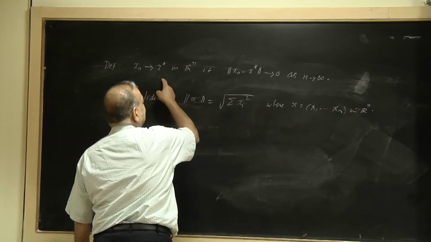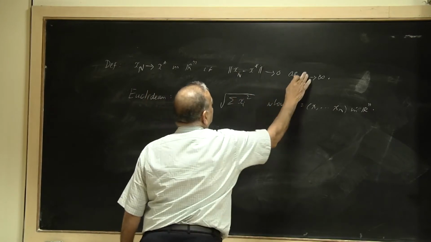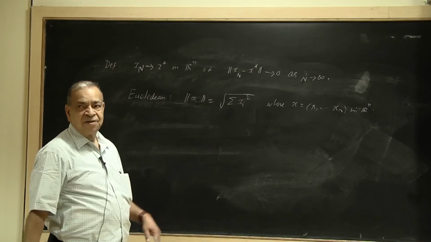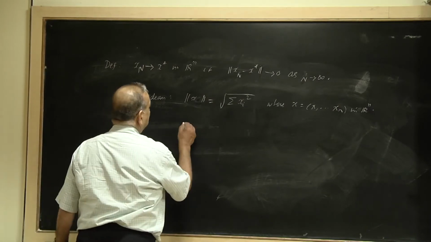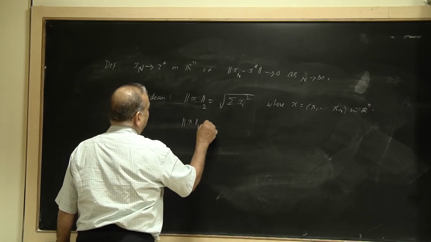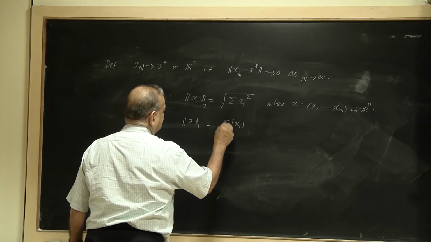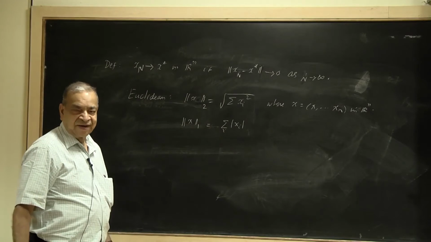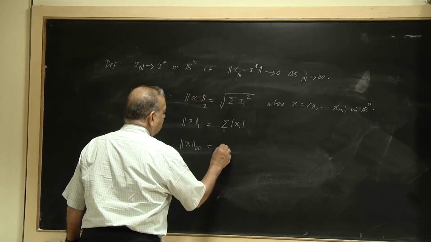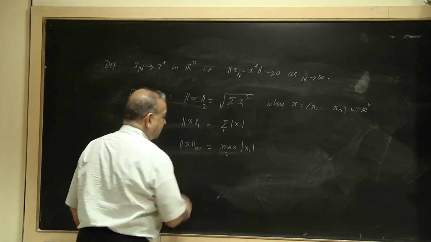Don't confuse this n with the, let me write down this capital N here. This is norm x2, this is norm x1. L1 is summation absolute value of xi. The third one is norm x infinity, L infinity norm. This one is maximum of absolute value of xi over all i.